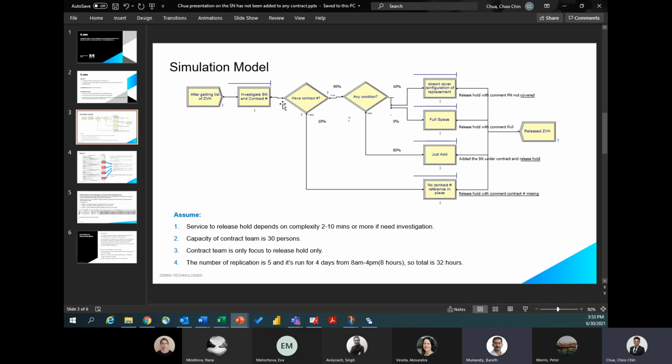Yeah. So Sasha, basically the number he got from Siebel, right? He just downloaded from the database, the Siebel system, and just saw the creation date and also the resolution date. So you just take that, as Hana said, but it won't be accurate, right? Yeah, exactly. Because this will tell you that it takes 1 day to release a hold, when in fact it takes you 2 minutes, not 1 day. Correct.